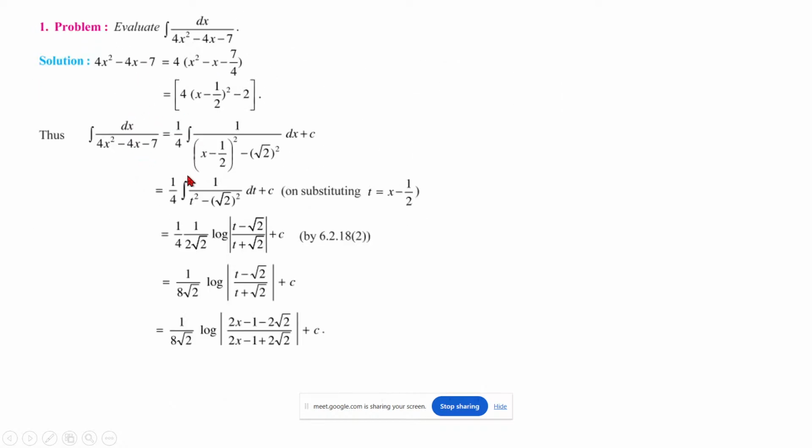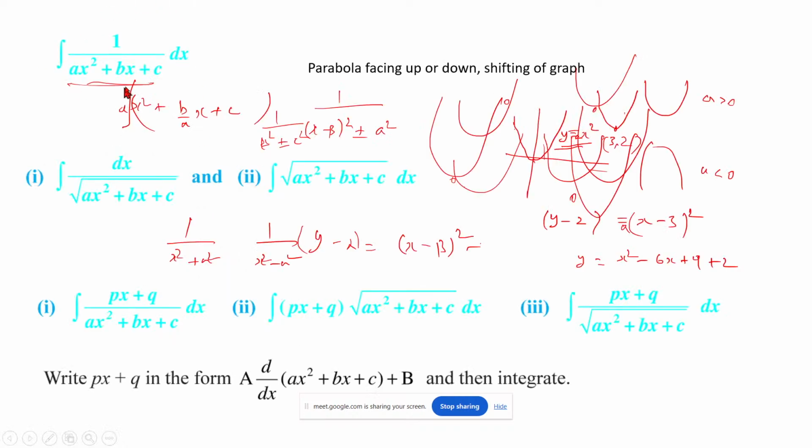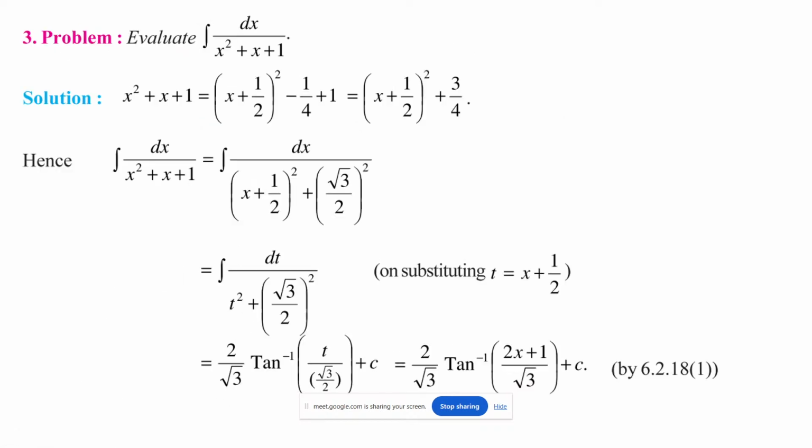Any quadratic function, you can always express as sum of two squares, because that is how the shifting of graphs also works. You take the base function x square and you are adding, subtracting, whatever. So this is the basic idea.